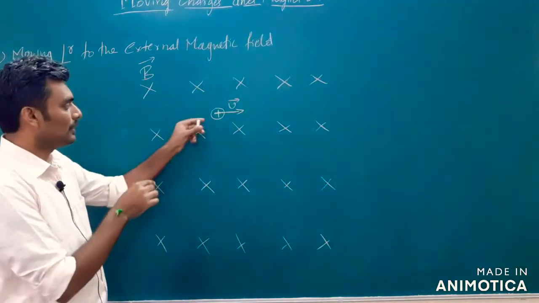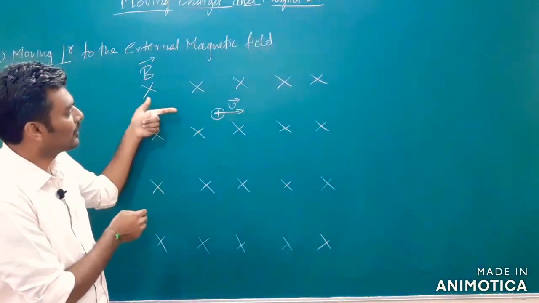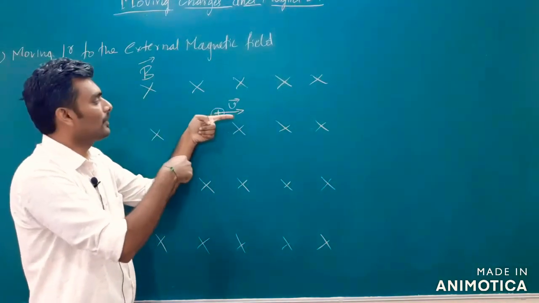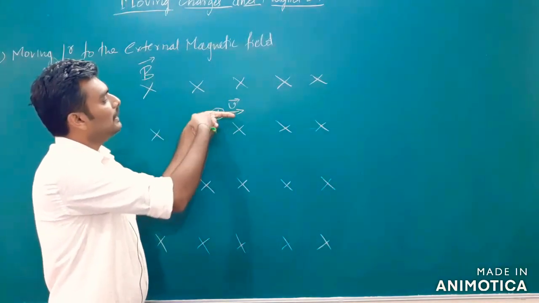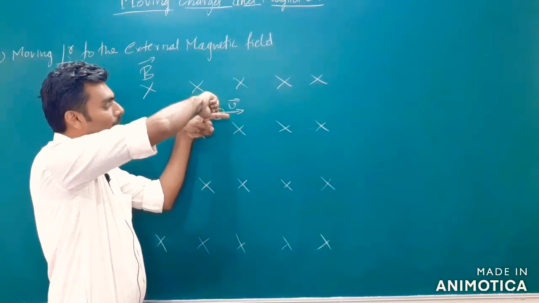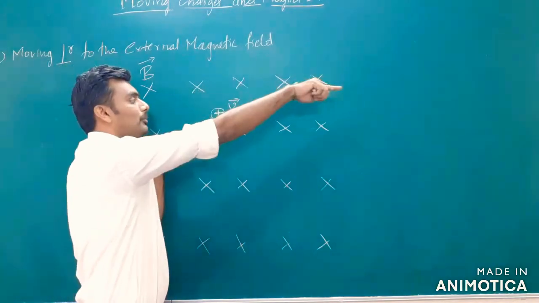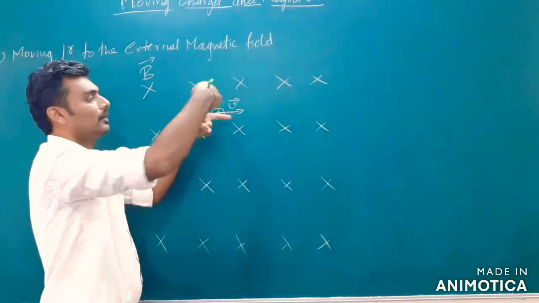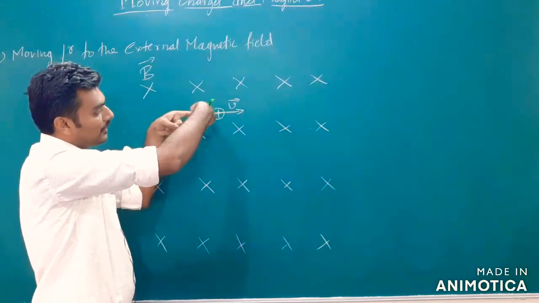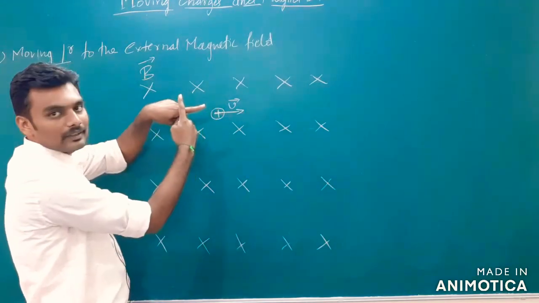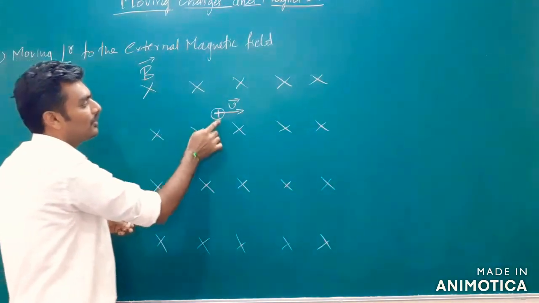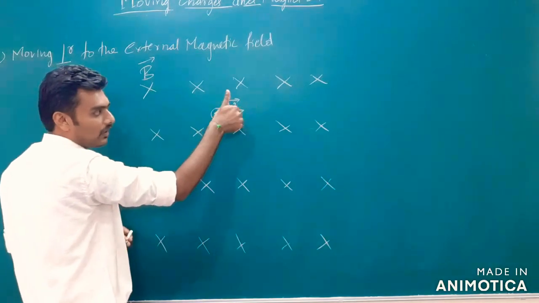So this charged body is experiencing magnetic force because the direction of v is exactly perpendicular to B. If it was parallel, no force, it would have kept moving in the same direction, but it is not parallel. See, B is into the board and v is in this direction, and hence the angle is 90° between them. Got it? So the direction of force on this particle is v cross B.